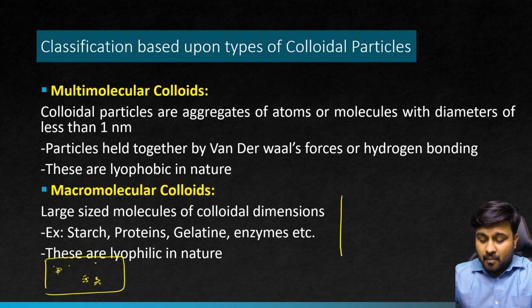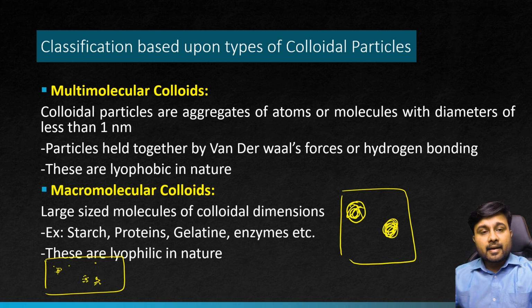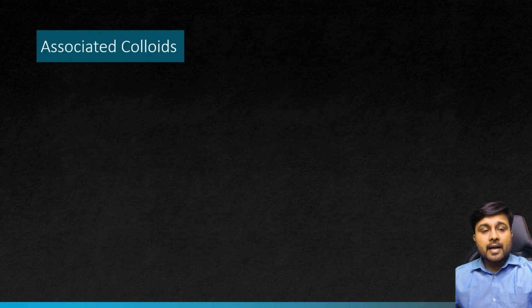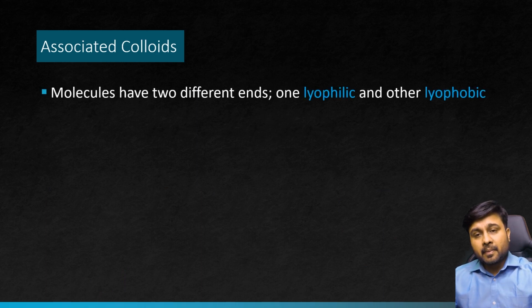So here when we talk about macromolecular, a single molecule is itself large enough to be in a colloidal range. Then the third type of colloid based upon the type of colloidal particle are associated colloids. So what happens in associated colloids? When the molecule of your dispersed phase has two portions, one is lyophilic and the other is lyophobic, such molecules may show a special property of forming micelles.